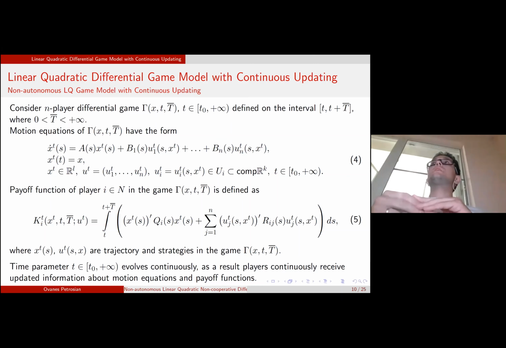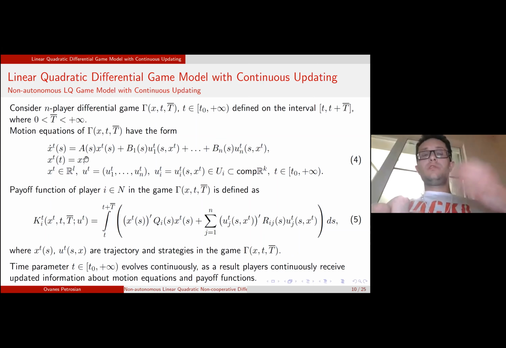What is interesting is to model the behavior of players, assuming that at every current time instant t players obtain new information: they update their information about the motion equations and about their payoff functions, and obtain information about their new preferences and the preferences of other players.